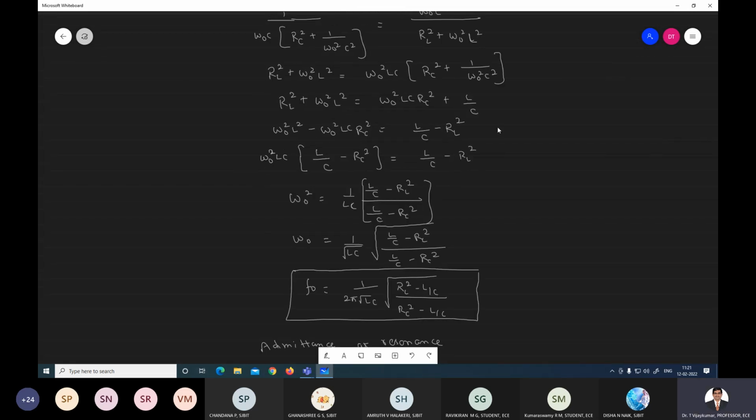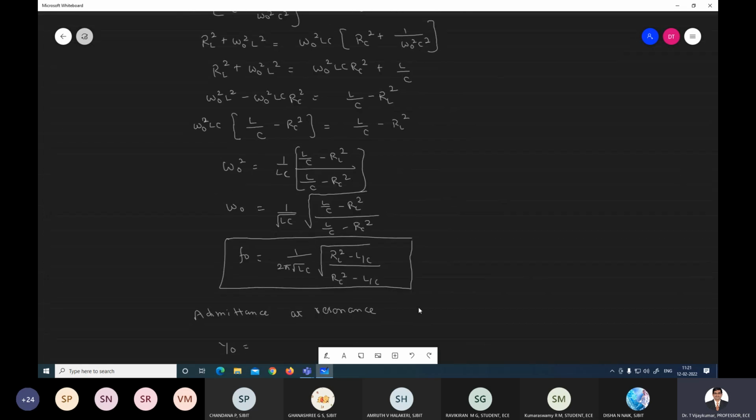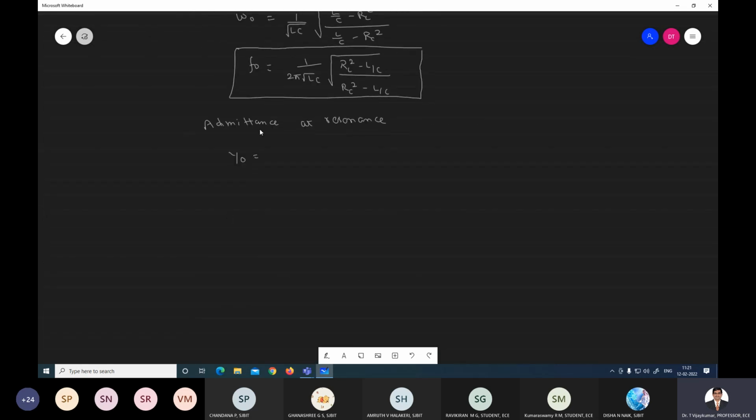The real term is RL divided by RL square plus XL square plus RC divided by RC square plus XC square. That is the admittance that you write. Y naught is equal to RL divided by RL square plus XL square plus RC divided by RC square plus XC square.